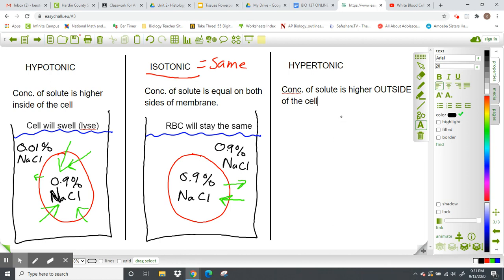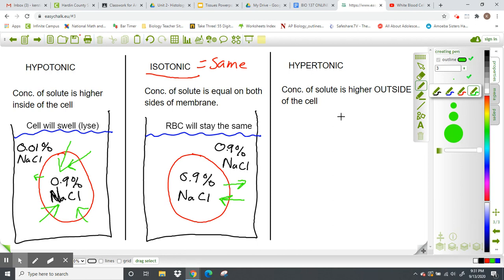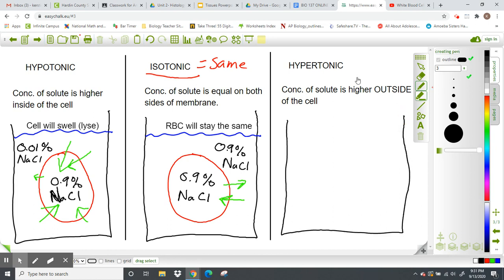So let me kind of show you what this is going to look like. I want it to be black. All right, so again, same beaker, a little bit bigger, I guess.